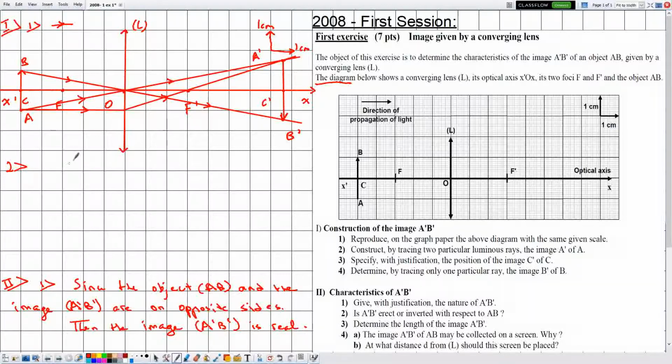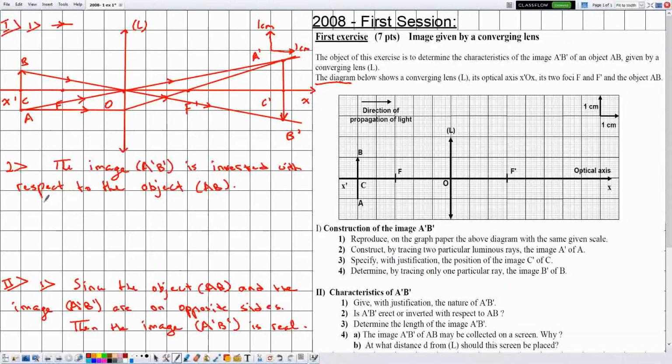Okay, then we will say the image A prime B prime is inverted with respect to the object AB.